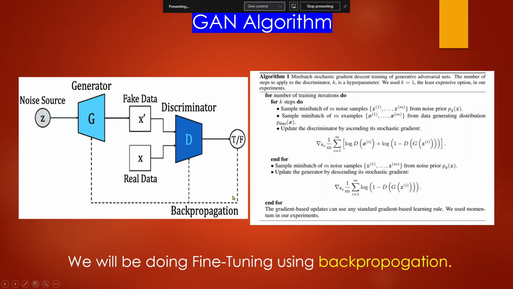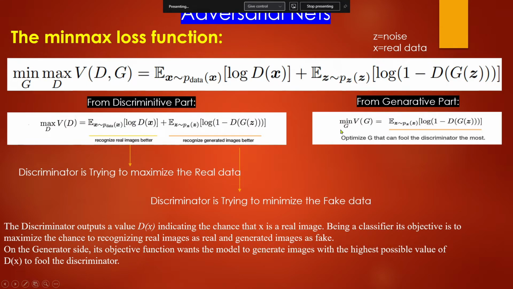If it's false, then it will definitely backpropagate, because backpropagation means fine tuning. Fine tuning is basically from a pre-trained model. If we want to use a pre-trained model for generating some new models, we will use fine tuning. This is how the algorithm works, and also this is how this math works.